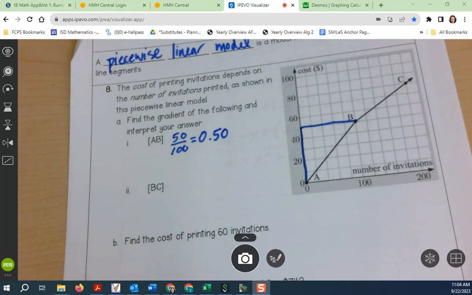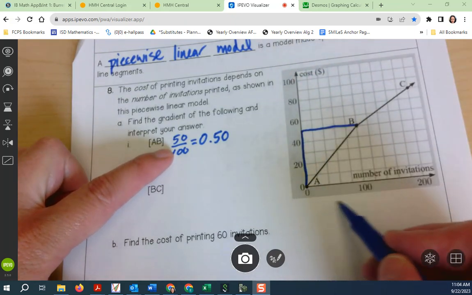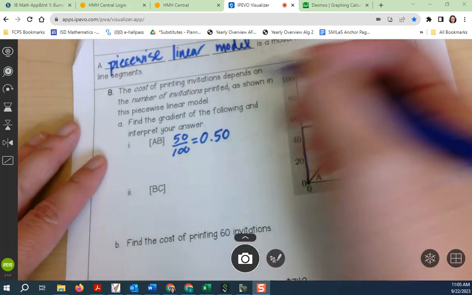Now, I just made it the number, but if it was a fraction, that 0.50 would be over what number? What number can you divide by and not change something? 1. So it would be 0.50 over 1. That means that the cost is 50 cents for one what? Invitation.